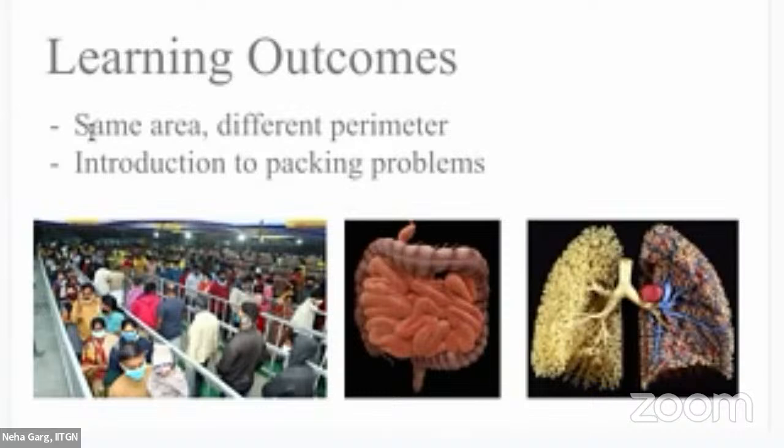How do we package big things in small areas? That is called packing efficiency. How neatly and properly we can package big things in small areas and small volumes. This activity helped us understand that. So these were the two major things that we did.